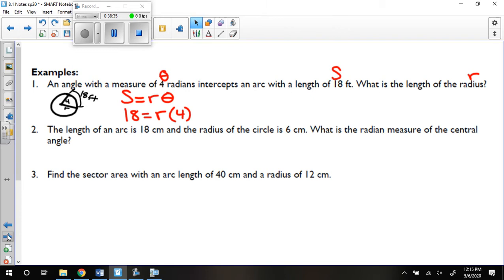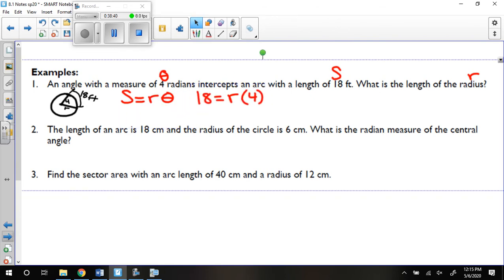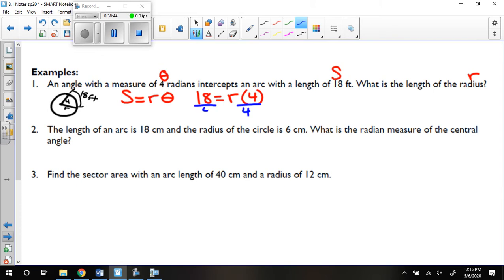So to get my r by itself, we need to divide by 4. 18 divided by 4 is 4.5. So we've got our radius, which is 4.5, and the units in this problem is feet. So a radius of 4.5 feet.